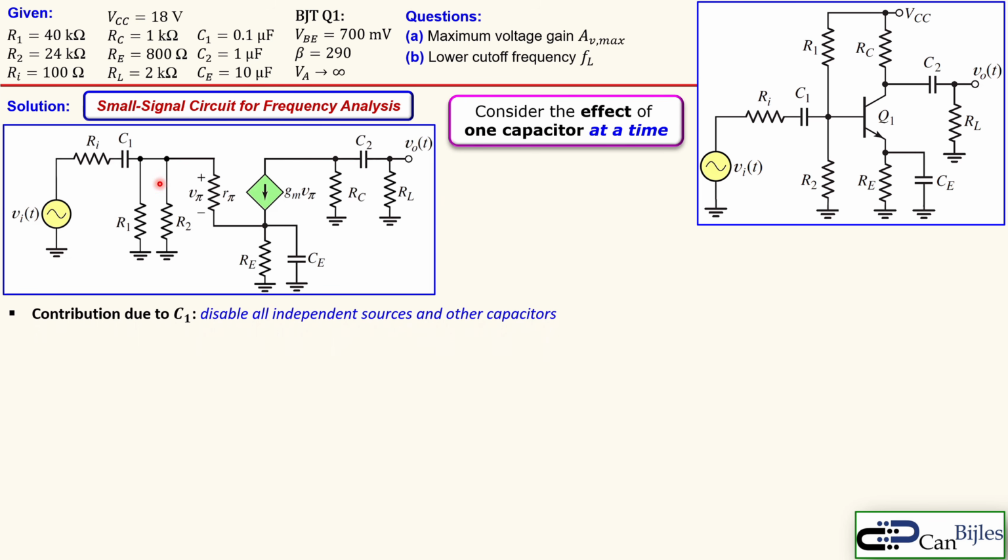So I will first begin with the C1 and then disable the effect of the other two capacitors, and also disable the independent sources. So that means I look between the two nodes of my C1, I short my input because I will disable that, means shorting for the voltage source, and I also short the CE, I also short the C2.